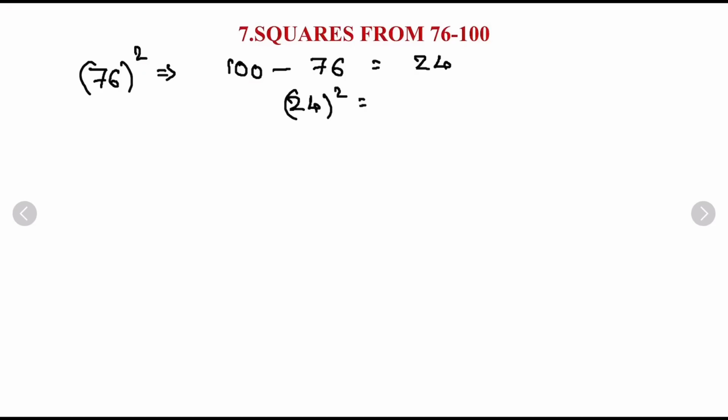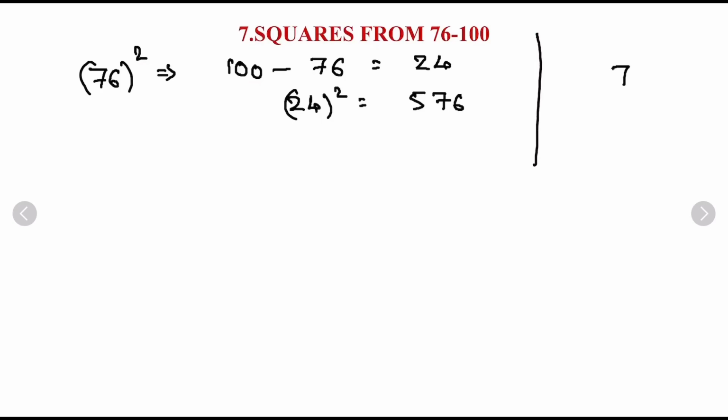Next, squares from 76 to 100. Here we will compare the squares with respect to 100. For example, if it is 76 square, I need to calculate. First, 100 minus 76. What is the value? 24. 24 square. What is the value? 576.